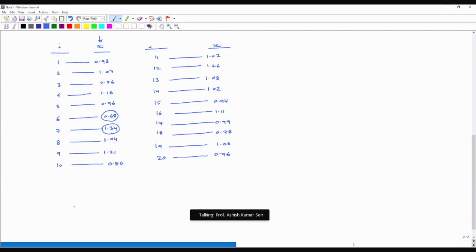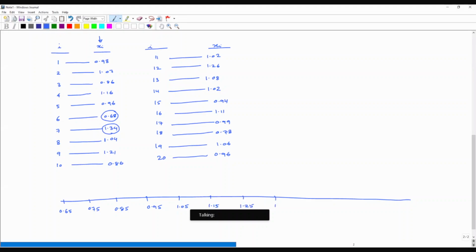Now, if I plot this data in a horizontal bar plot, and I pick my scale in equal intervals, 0.65, 0.75, 0.85. Okay, let's say I have all these data points, and I place all these data points here in this scale.